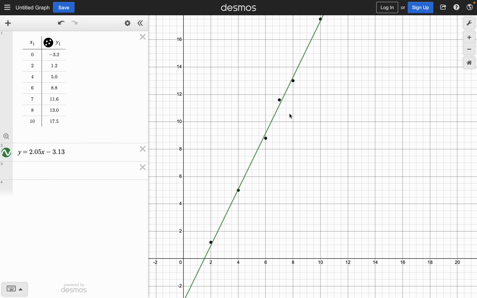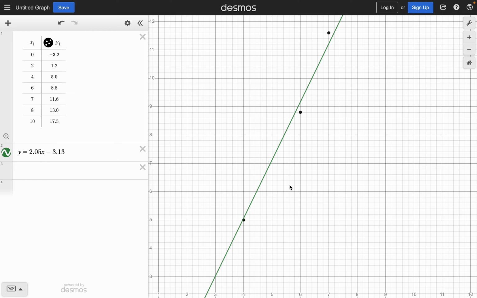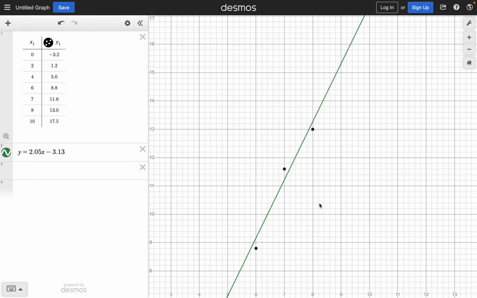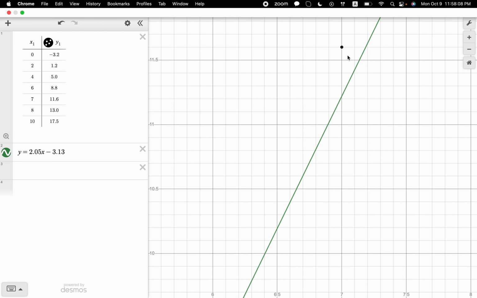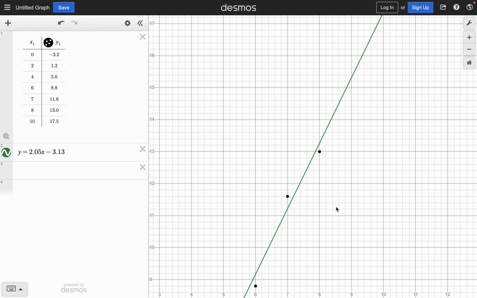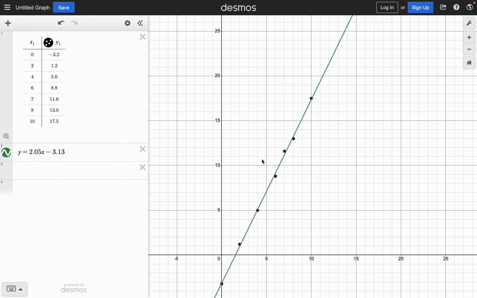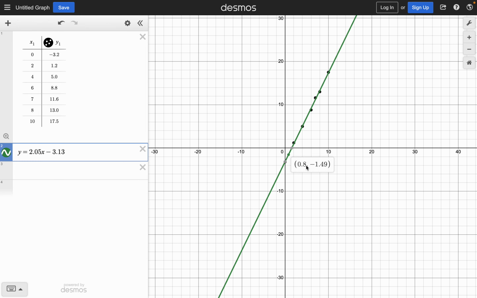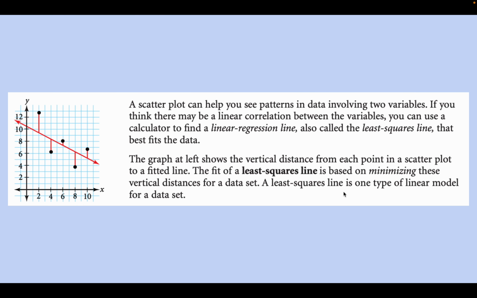If we zoom in, we can see that the distances between the points and the line are pretty much the same. There's this much difference between this point, this much between this point. It's very little, and it tries to be as in the middle as possible.